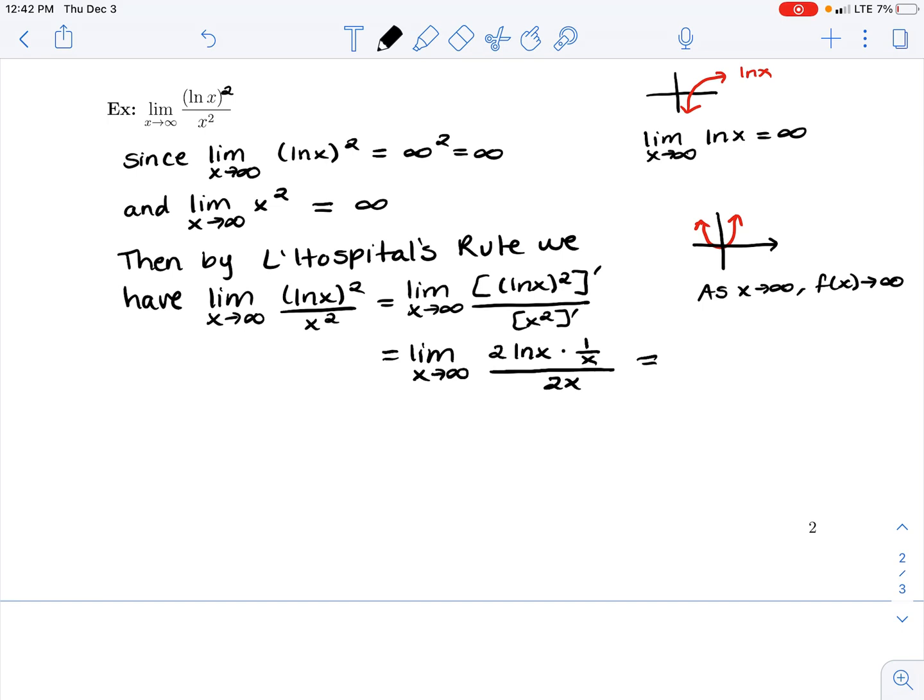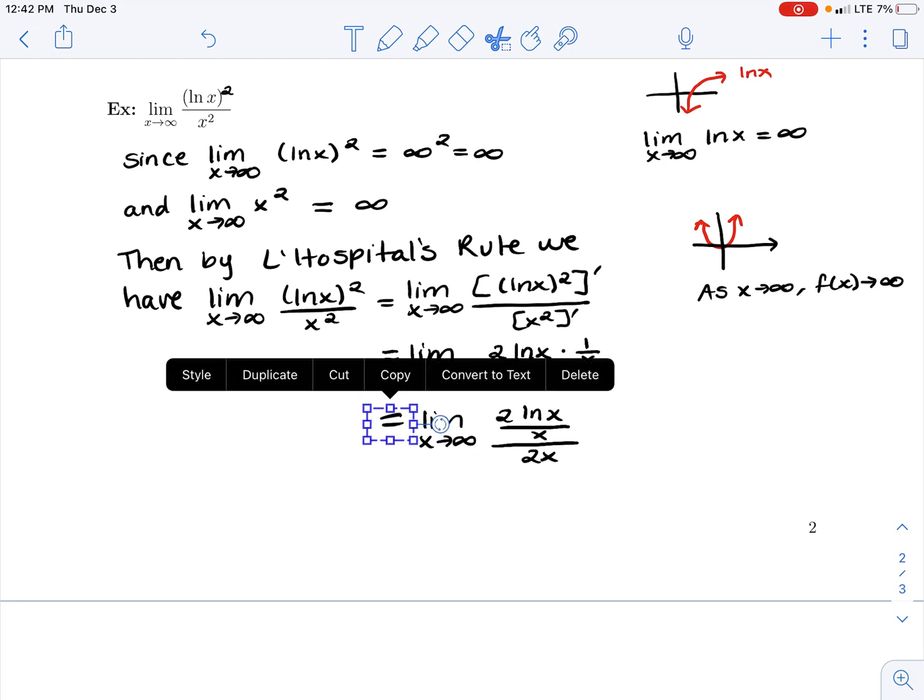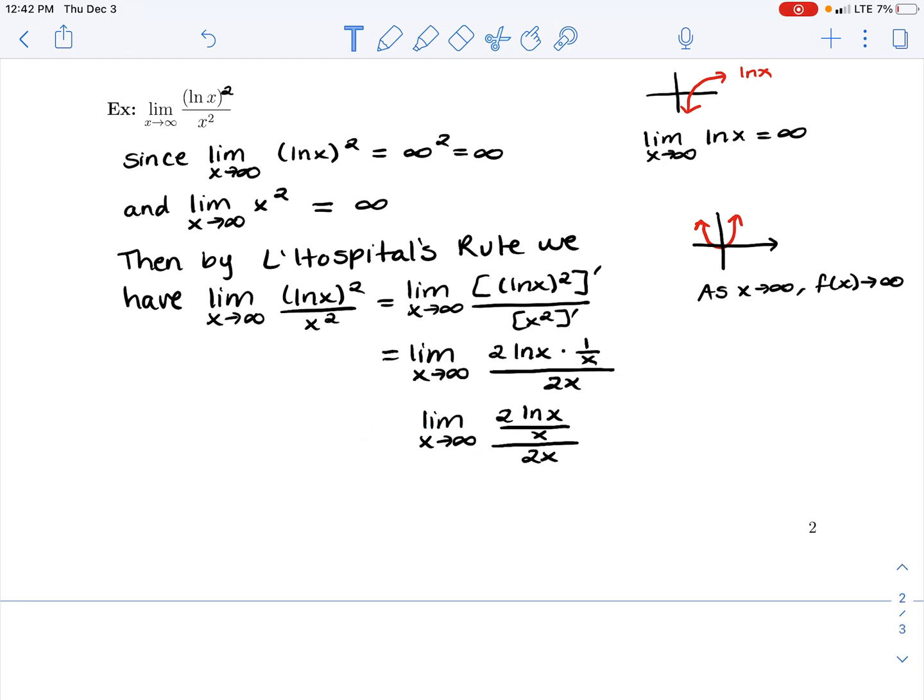Okay, so simplifying this now algebraically, this is the limit as x approaches infinity of 2 ln x over x over 2x. Sorry about that.